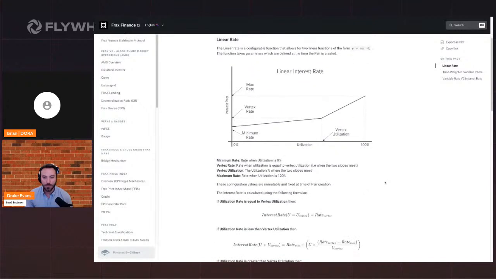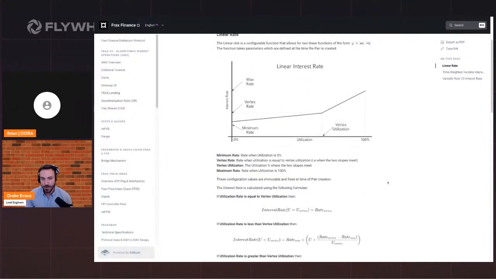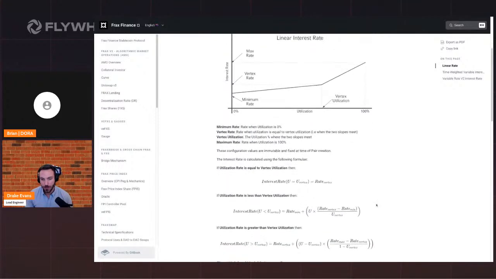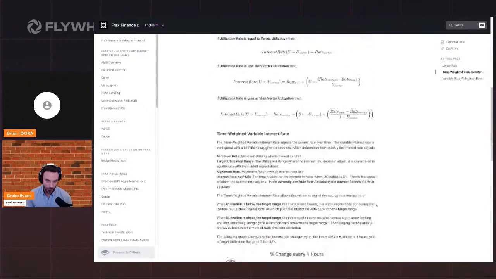However, there is one problem, which is that it requires constant governance oversight. Part of the issue is that markets change and the potential risk profile of certain assets also changes. In an attempt to address that, we introduced what's called a PID controller.